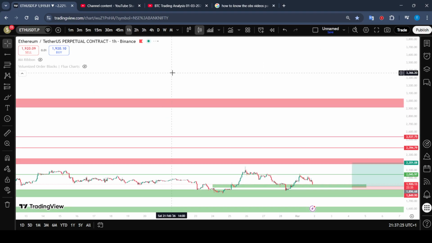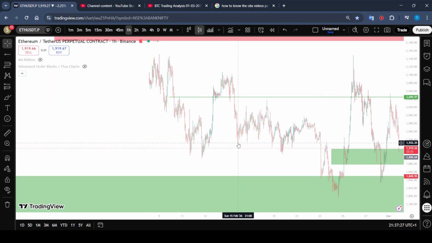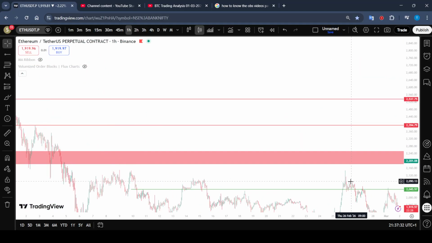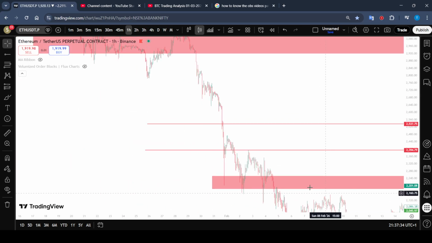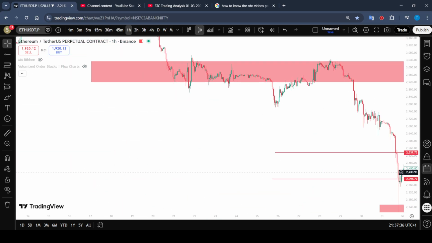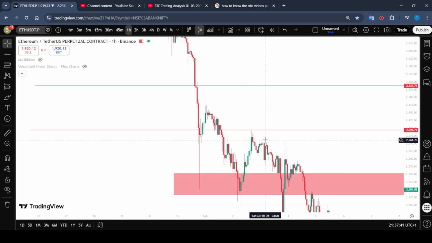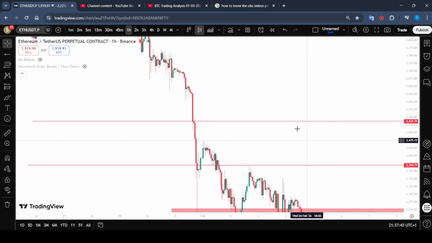So based on these levels, we can also see if they are the actual levels where we can consider selling. So here you can see, unless some kind of market structure is formed, we cannot exactly tell whether the market is going to get rejected from here or not, because we have a dynamic level at the 2500 psychological level where the market might face resistance.